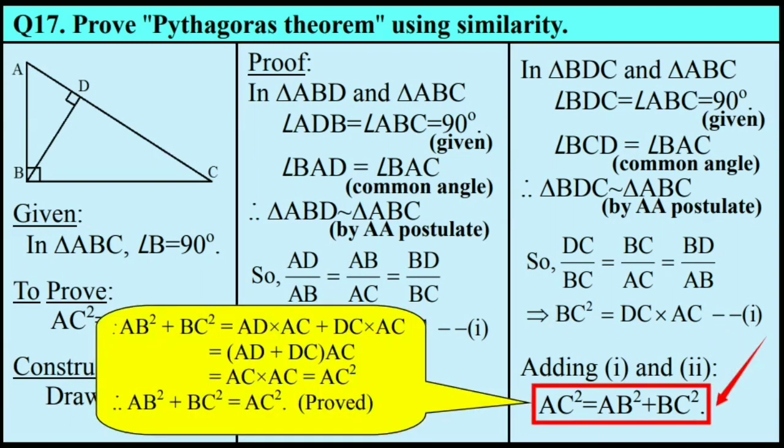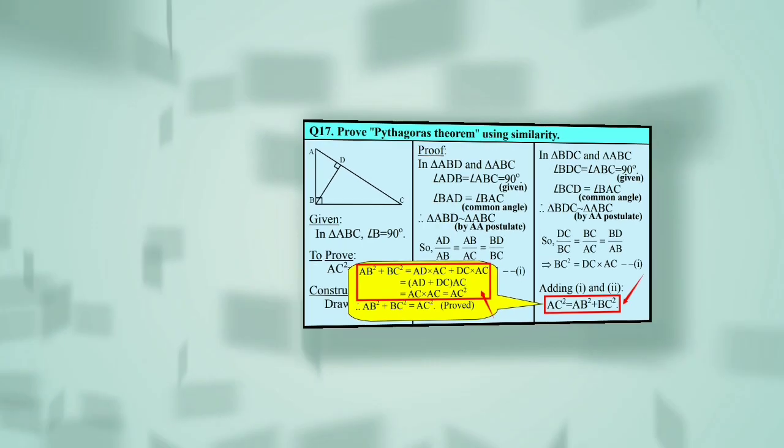Equation number 1 and 2 are added, and finally the result obtained is AC square equal to AB square plus BC square. Hence proved that in a right angled triangle, a square of hypotenuse is equal to the sum of the square of other two sides. Done.